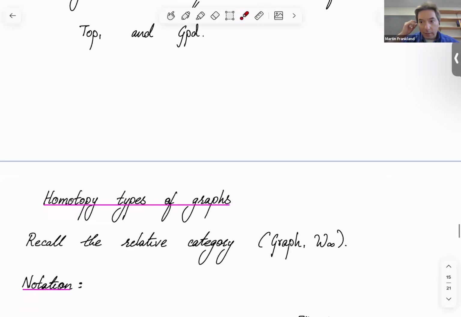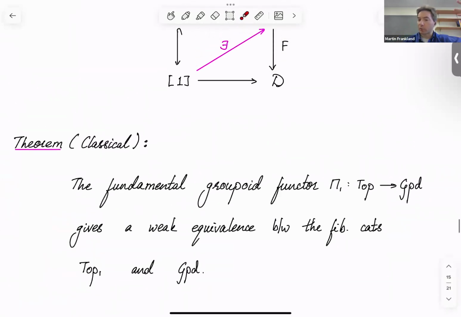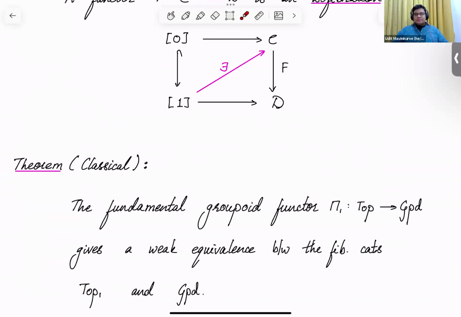Sorry, Udit. Those three examples do come from model structures, right? Example one is the underlying fibration category of the classical Serre model structure. Example two is a Bousfield localization, where you invert all the n-equivalences. And example three is also coming from a model structure, if I remember correctly, right? Yeah, it's the canonical model structure on the groupoids.